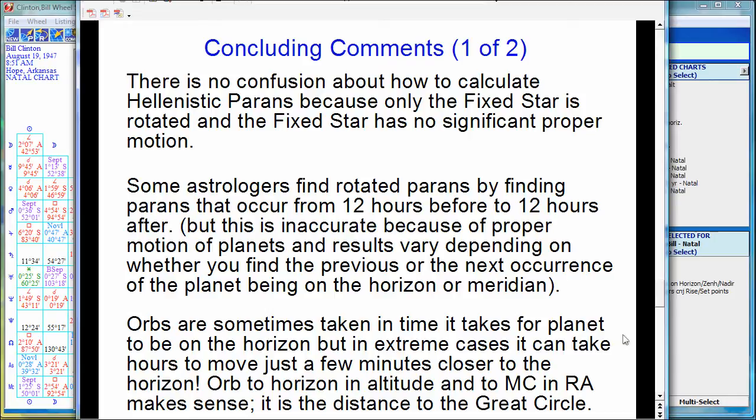That also intuitively doesn't make a lot of sense because you could have a star or a planet sitting right along the horizon and hardly moving for a long period of time. So time is kind of a weird way of measuring orbs. Measuring the orb in altitude from the horizon, or essentially from the midheaven, is the actual distance they are from being in a perfect in mundo relationship.